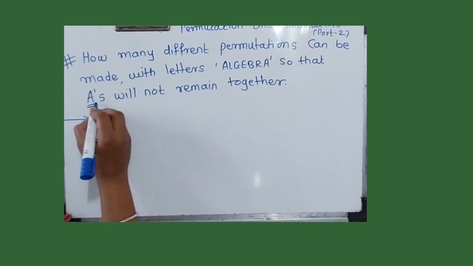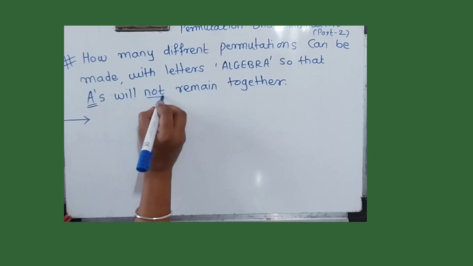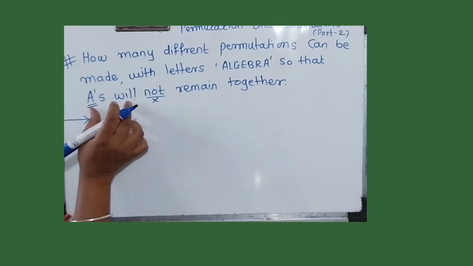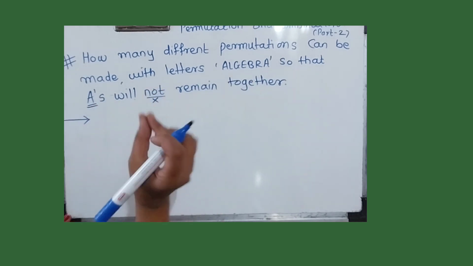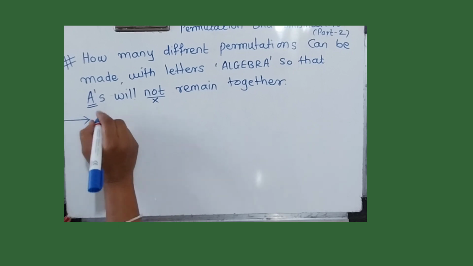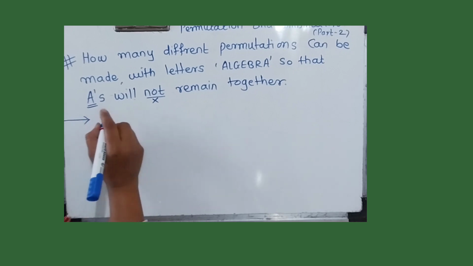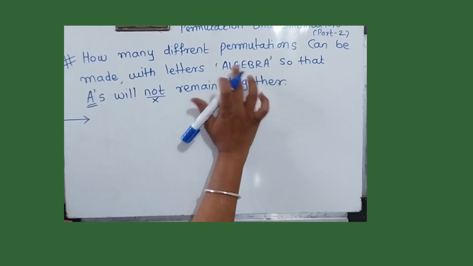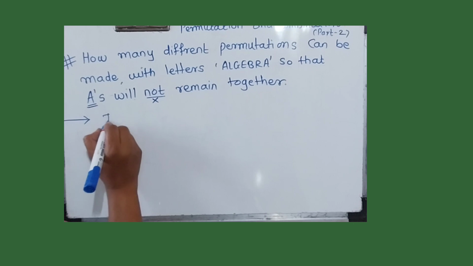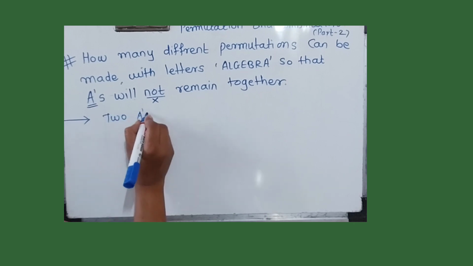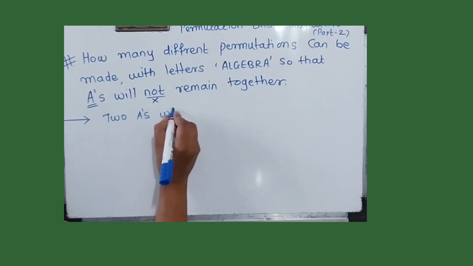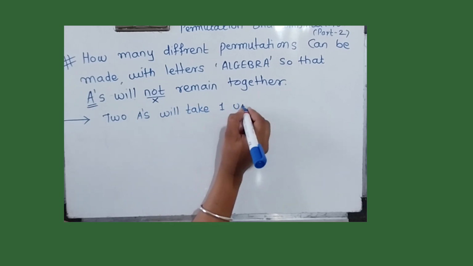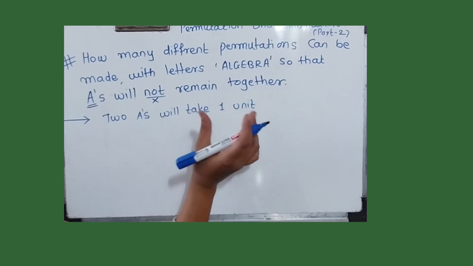First, we solve for the A's remaining together. There are 2 A's in the word ALGEBRA. So I write here, the 2 A's will take 1 unit, means 1 place.